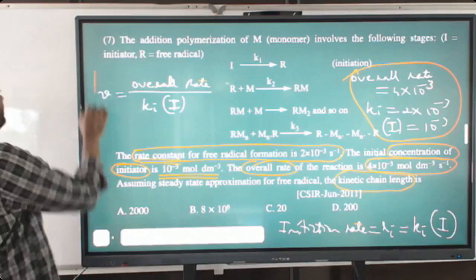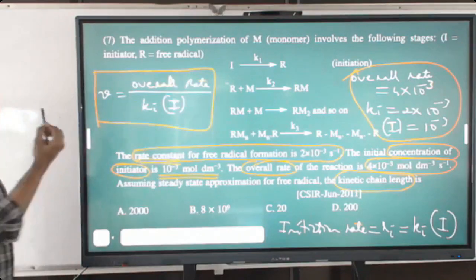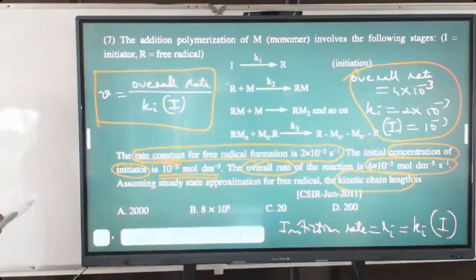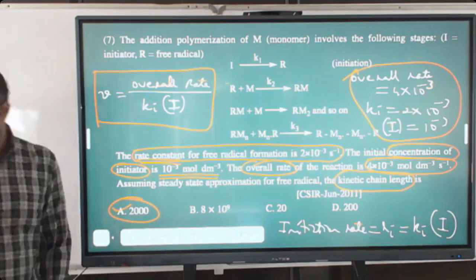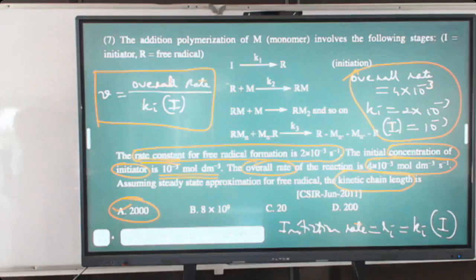So just substitute the values into this equation and solve. The final answer will be option A, 2000. Question 7, option 2000 is the correct answer.